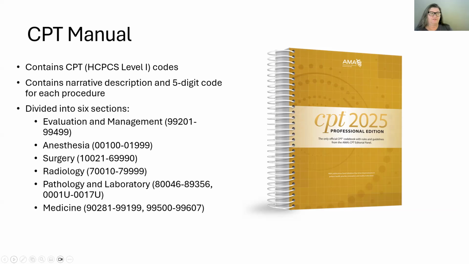The manual itself is divided into 6 different sections, and you can see those right here on your screen. There is the evaluation and management section, or the E&M section, which is what we see the most of. Those start at 99201 and go all the way to 99499. Okay, that's how that's split up.